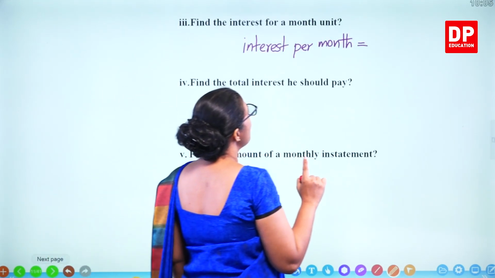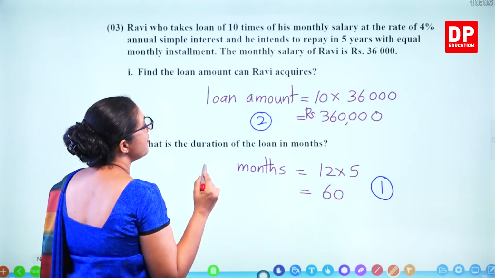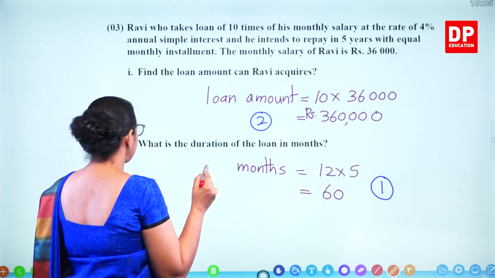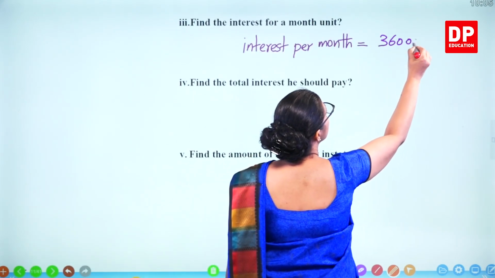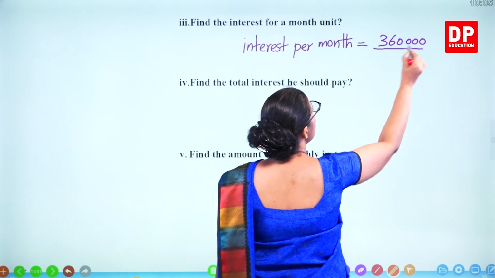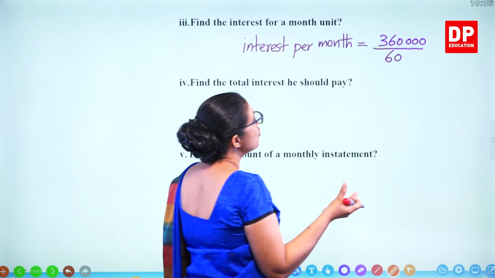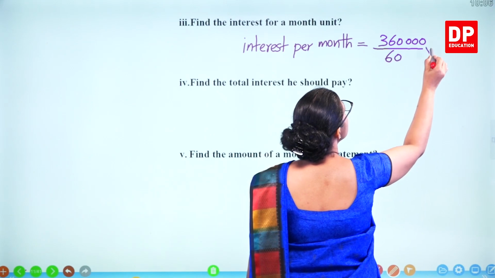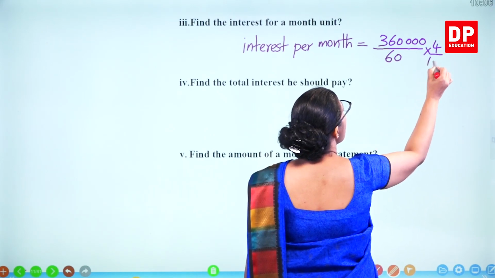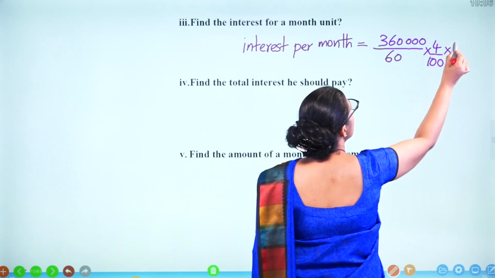So interest per month, 360,000 and divide by, there are 60 months. This is the amount you have to pay monthly and 4% of that. This is annual and you have to divide by 12. 1 over 12.